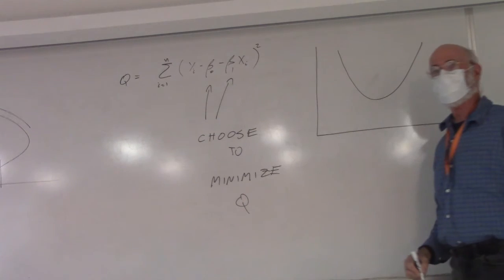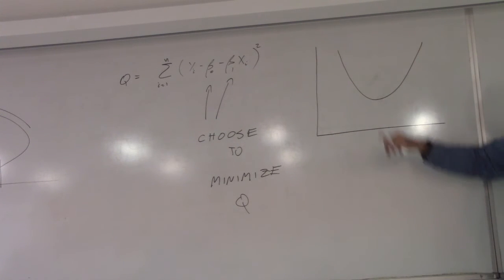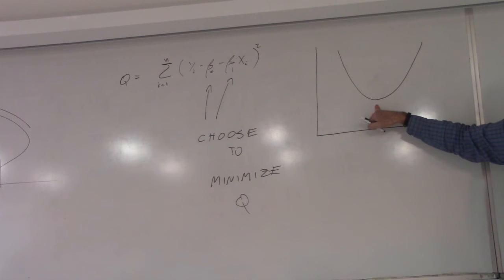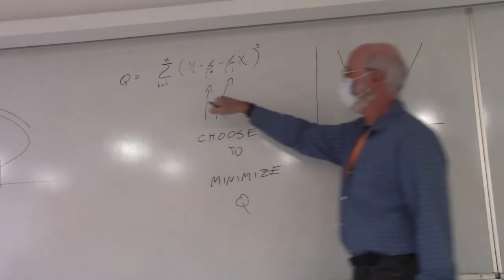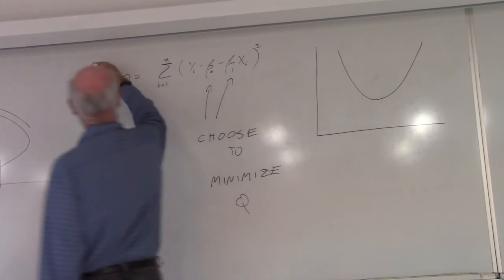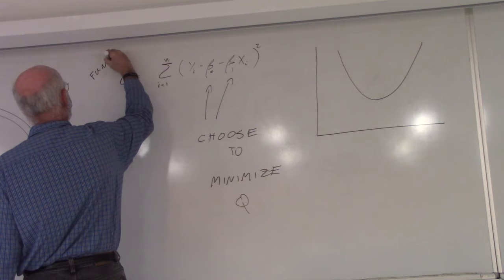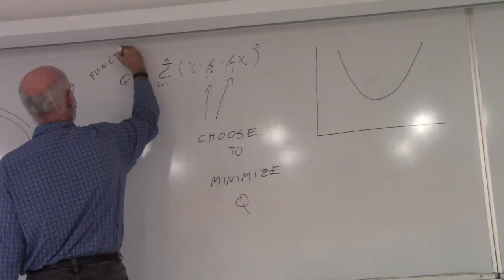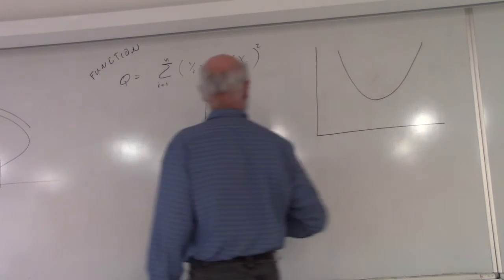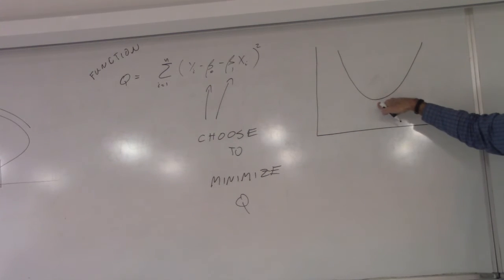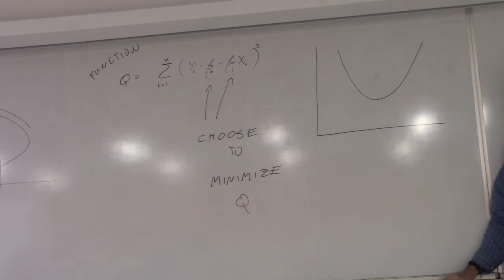There I have a function. I take the derivative of that function and it gives me the slope of the tangent line. There's a function. Where's the smallest part of that function? Where is that function minimal?